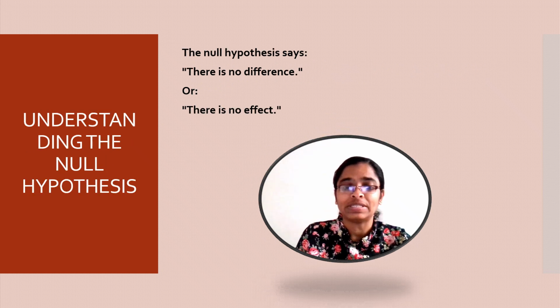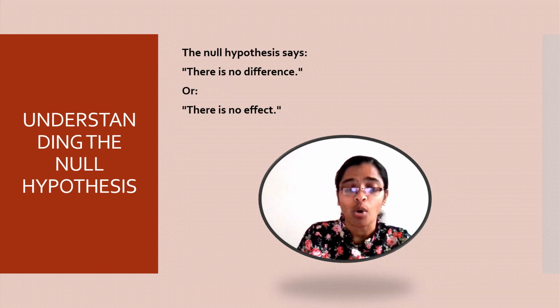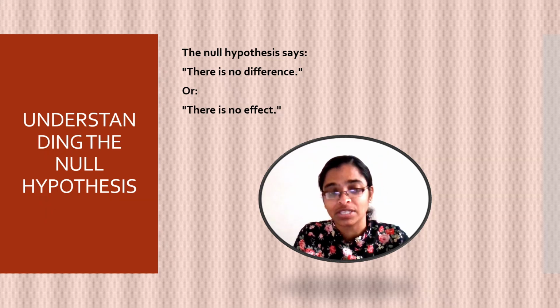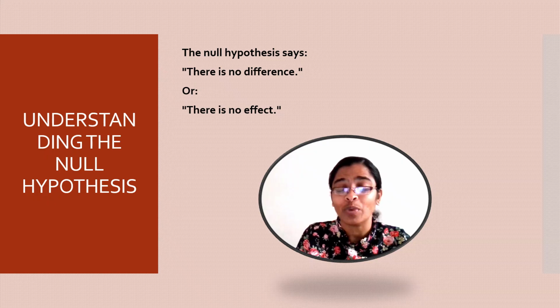So in order to understand this, everything starts with the null hypothesis. The null hypothesis says there is no difference or there is no effect. The p-value helps us to decide whether the observed result is consistent with that assumption. Let's talk about the famous 0.05.